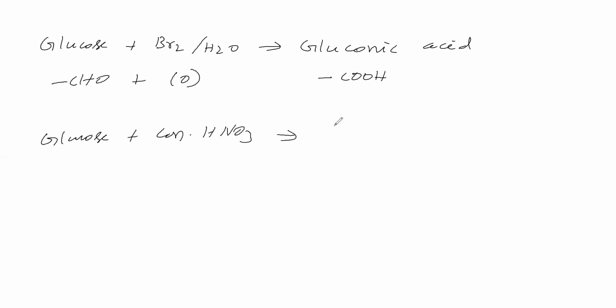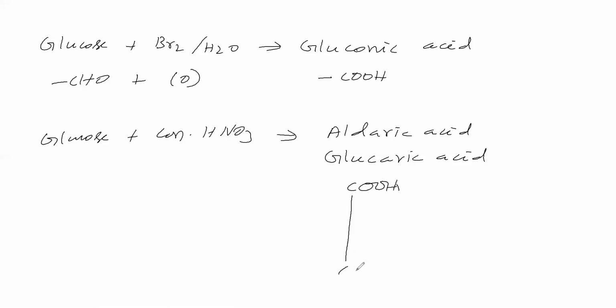What we get as a result is an aldaric acid, that is glucaric acid. This glucaric acid formula is carboxylic acid, then CHOH 4 times present, then carboxylic acid.